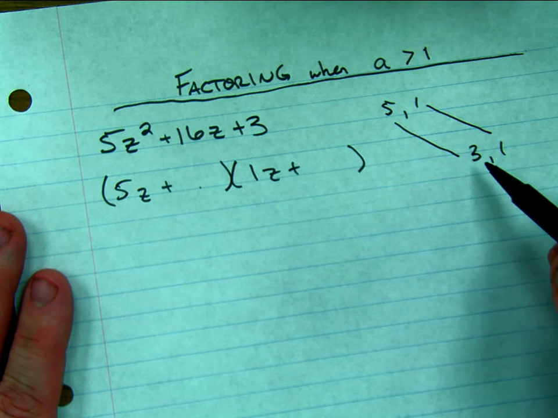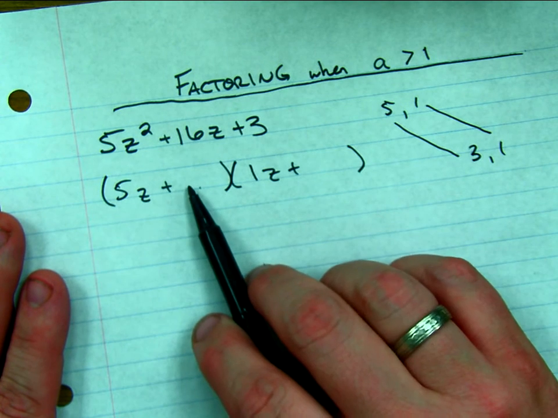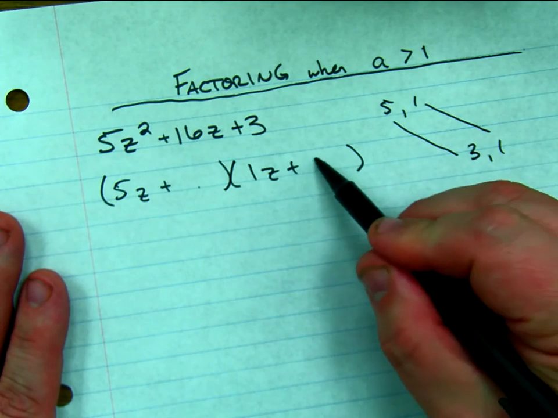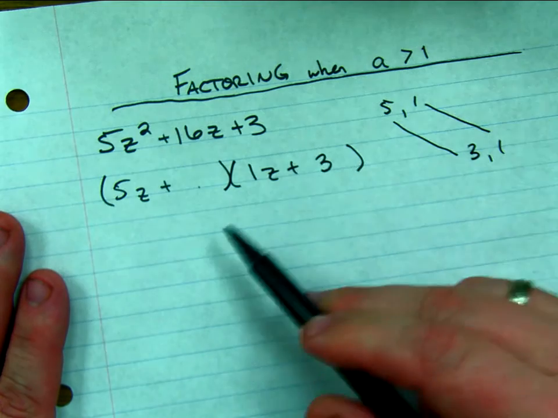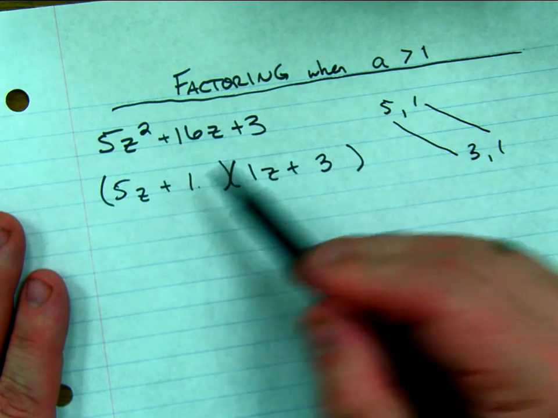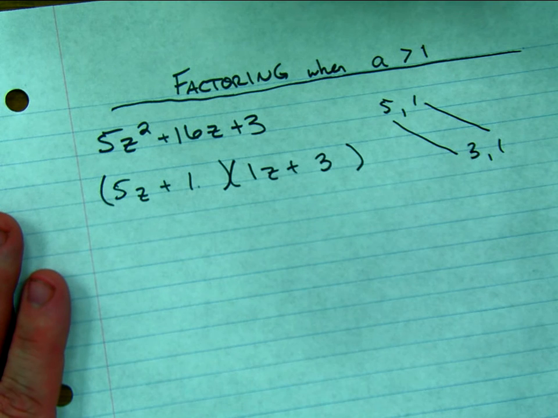And I need to make sure that the 3 multiplies by the 5. Well, the one that's in the same binomial, when it expands, wouldn't multiply by it. The one over here would. So the 5 and 3 have to be in opposite binomials in order to multiply. That leaves the other one to go right here. So our answer is 5z plus 1 times 1z plus 3.